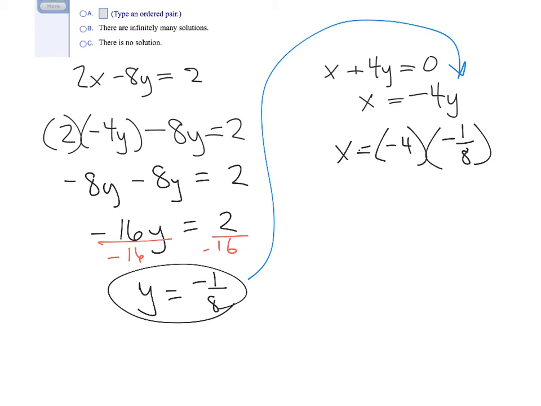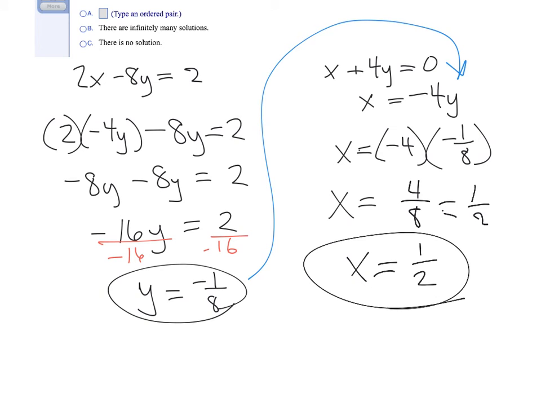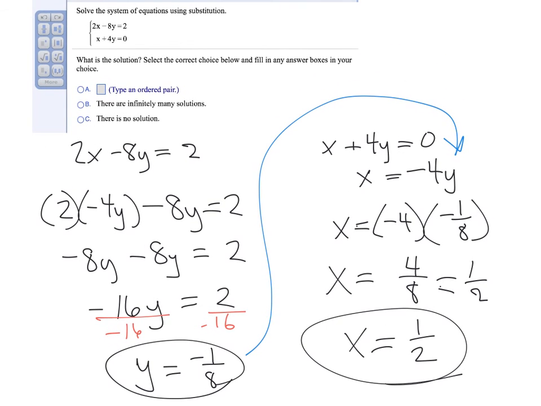We know that the answer is going to be positive because a negative times a negative is positive. So this ends up being 4/8, which is equal to 1/2. So x is equal to 1/2, and there is your ordered pair of where these two lines intersect: 1/2 and negative 1/8.